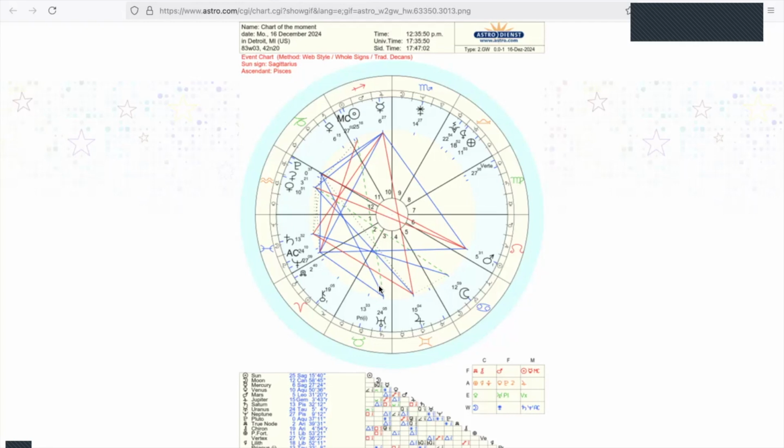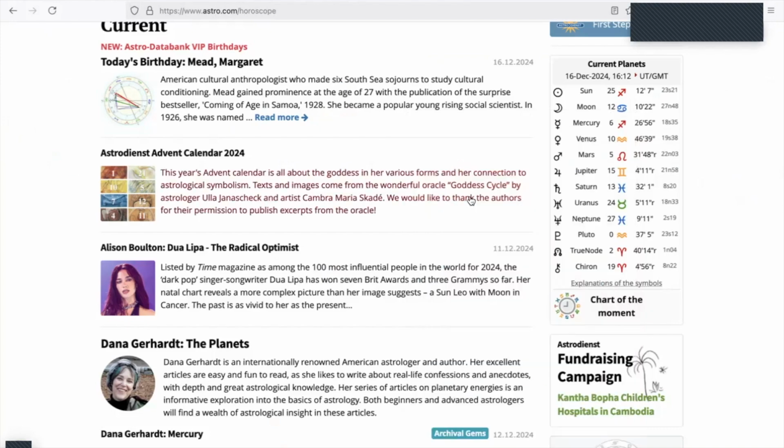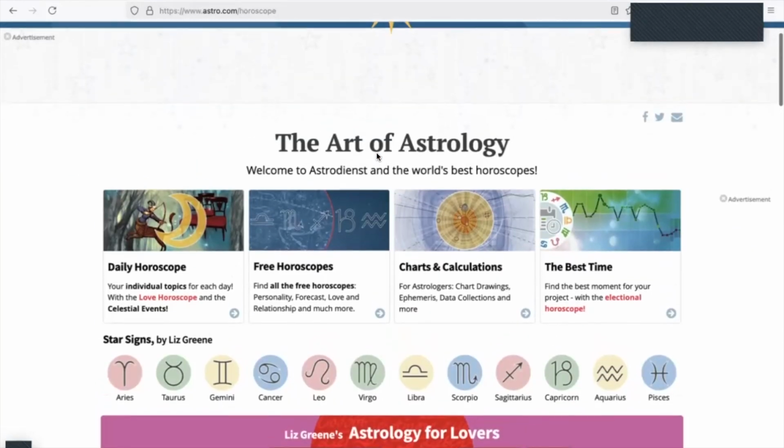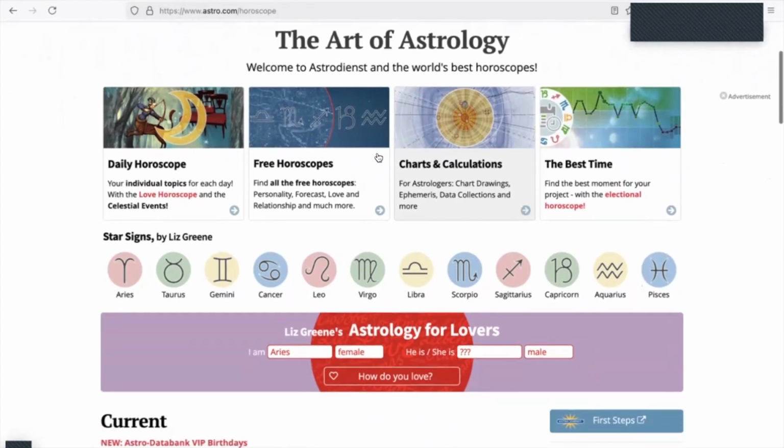Now, earlier, when I said things that you'll need, astro.com is what you should be on right now. Okay. And what you can do when you go to astro.com is going to look like this. Astro.com looks like this. If you don't have it up, don't worry. You can pause the video, go type in astro.com and then come back.